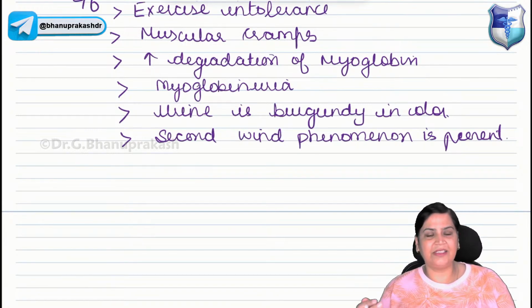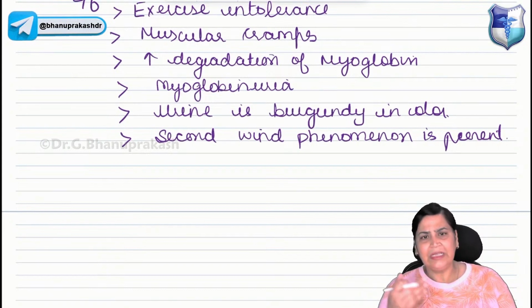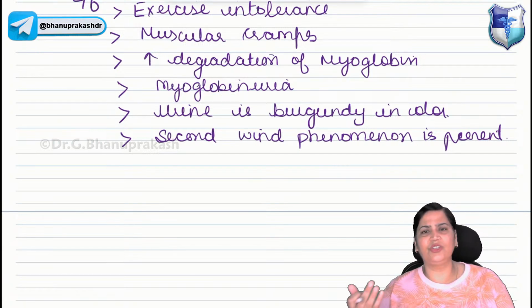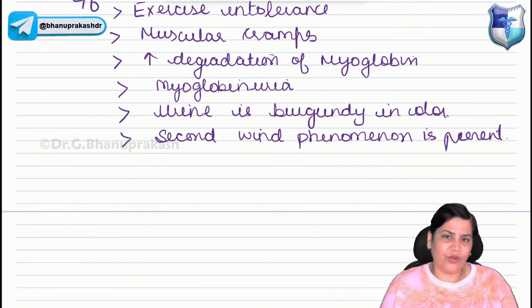You exercise, you get tired, but after relaxing for some time, you are able to perform the exercise again. Why? Because glucose 6 phosphate is there, and it will undergo lactic acid formation. Lactic acid will give energy to the fatigued muscle. So the second wind phenomenon is present.